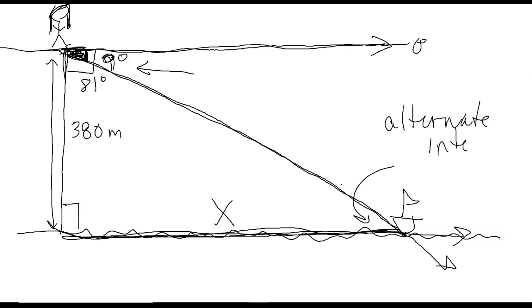And alternate interior angles we know are equal. So this is a 9-degree angle down here as well. Now, if we think about it, this whole triangle, the angles have to add up to 180 degrees. And we've got a right angle here, that's 90. So if we know this is 81, then we know the one down here has to be 9 because they have to add up to 90. So now we've got angles everywhere. We've got an unknown, and we've got 380 meters up the cliff.